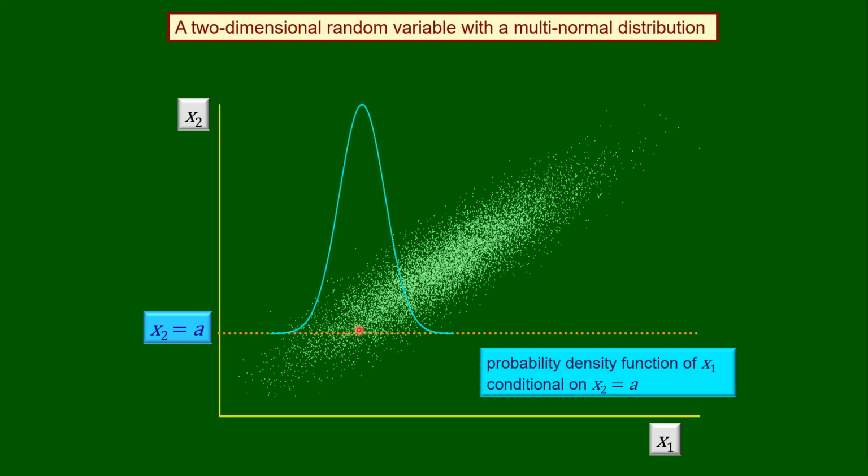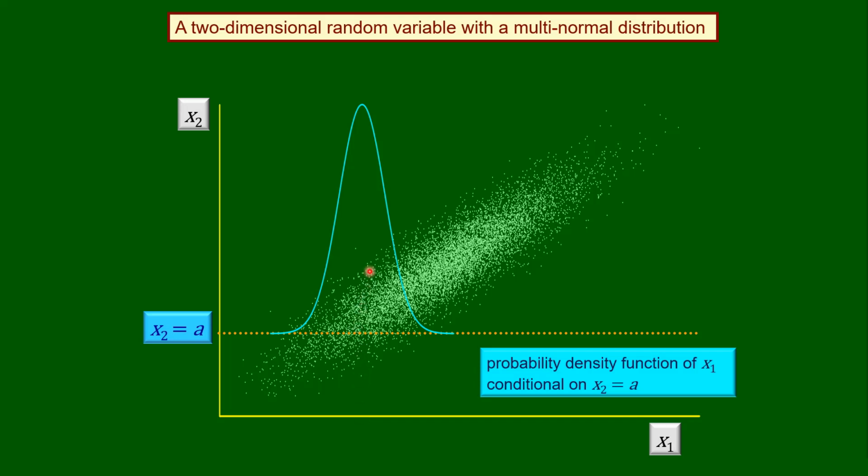Well, suddenly I know something about x1. This probability distribution for x1 is called the conditional probability distribution for x1, conditional on knowing that x2 is equal to a. x1 has a conditional mean. It's here. It's not its marginal mean.